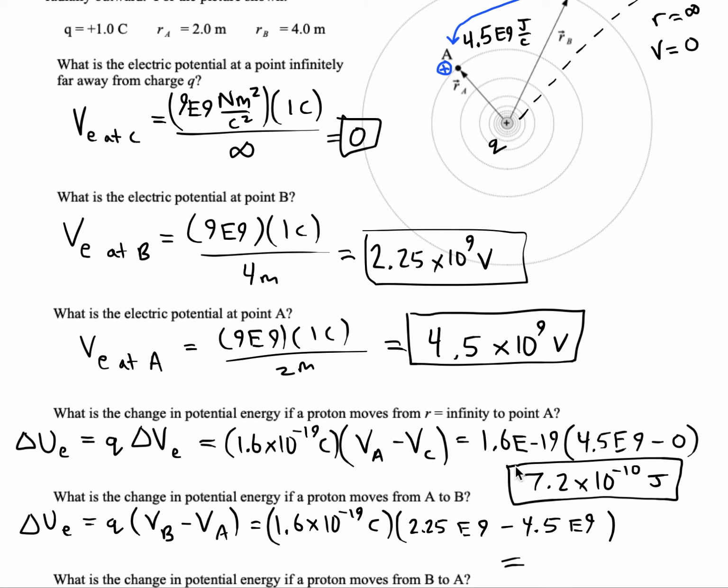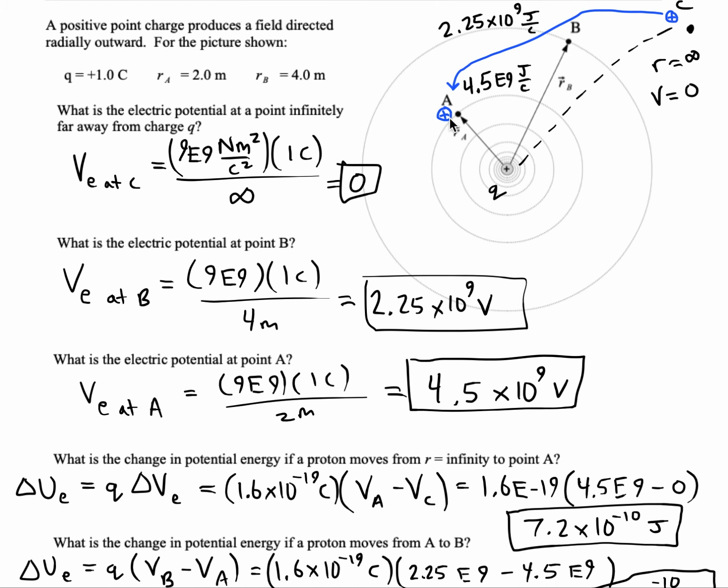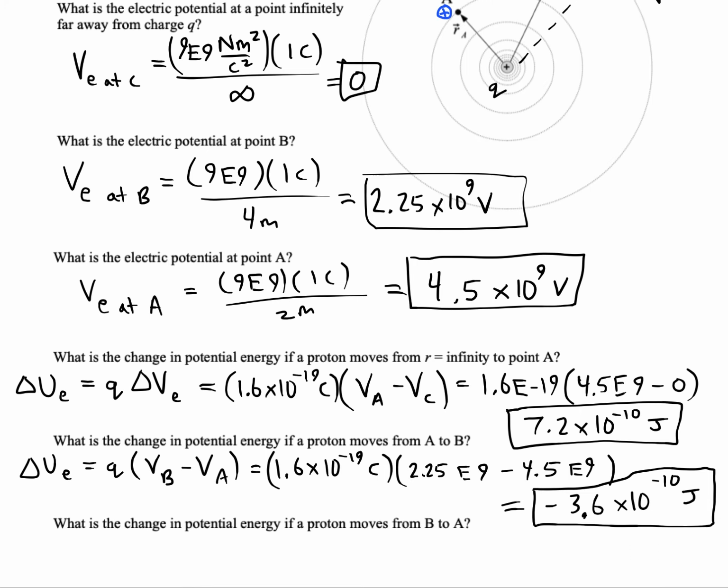Let's see, I get negative 3.6 times 10 to the minus 10 joules. And you always want to think about the signs in these types of problems and see if they make sense. We're talking about moving a proton from a high potential to a low potential, and it makes sense that the proton would lose potential energy in moving closer to infinity, moving farther away from the other positive charge.